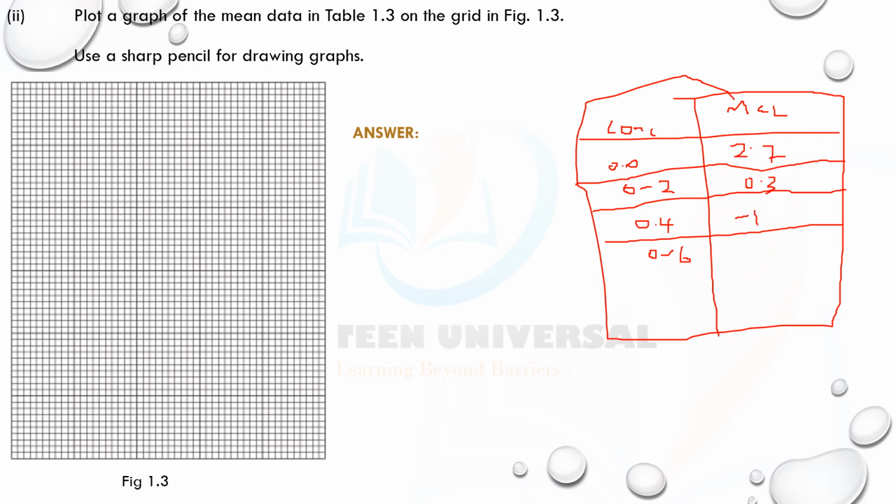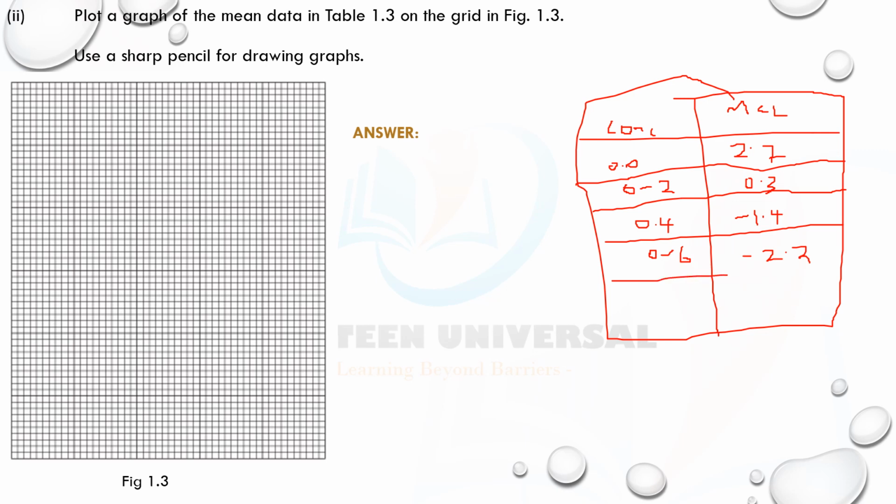I'm just writing it out here so that we can do it together. We can pause the video and start plotting the graph. 0.6 goes with minus 2.2.